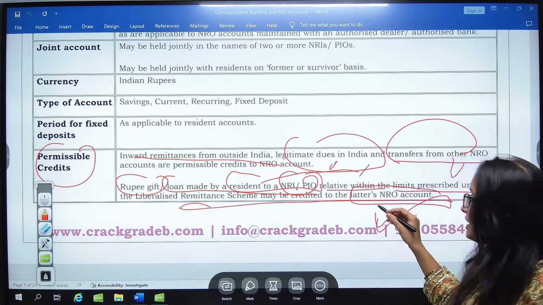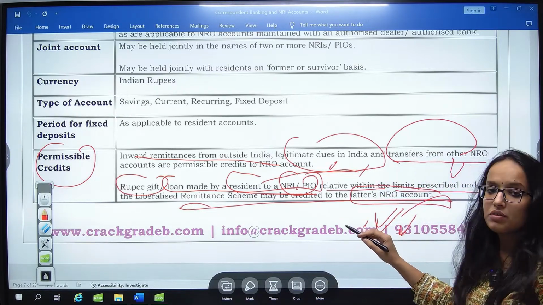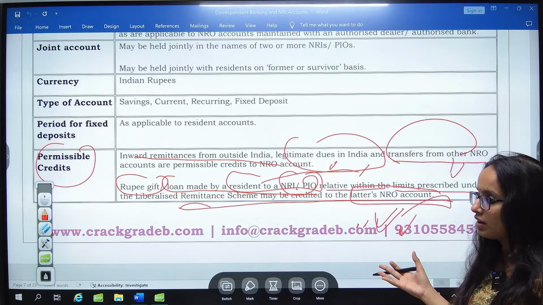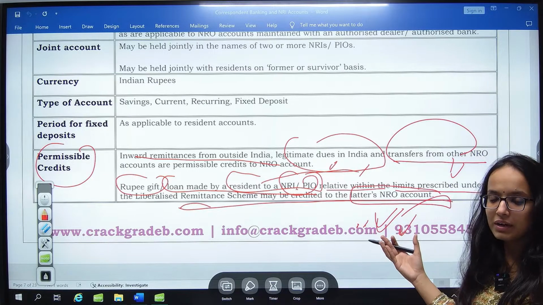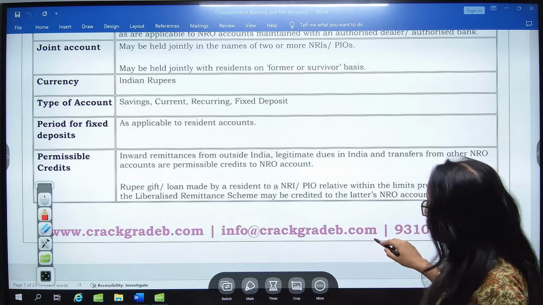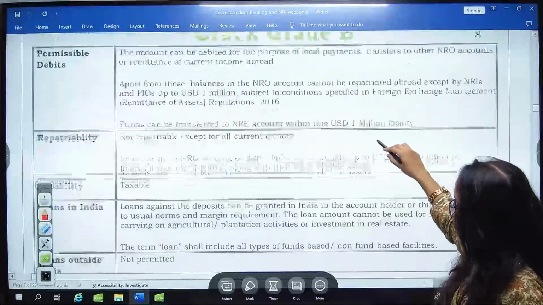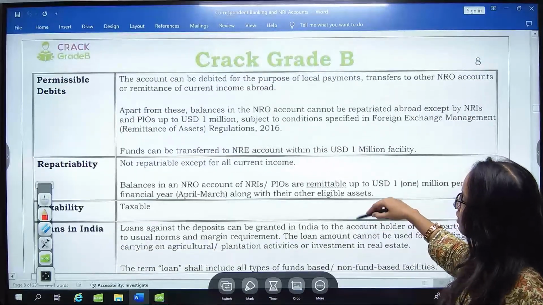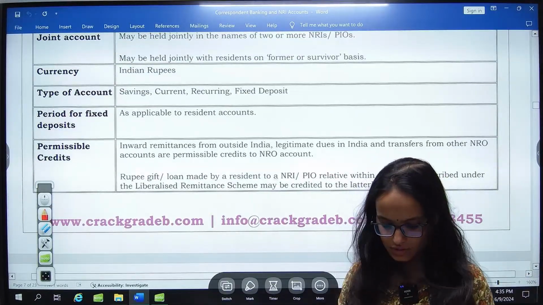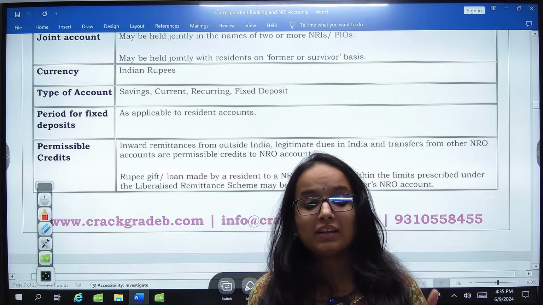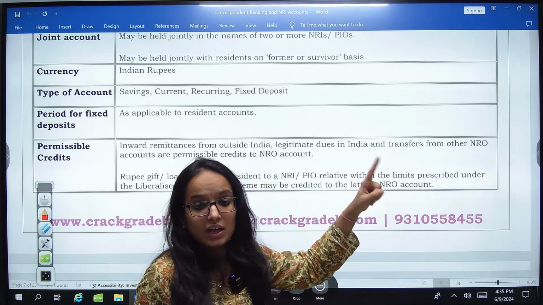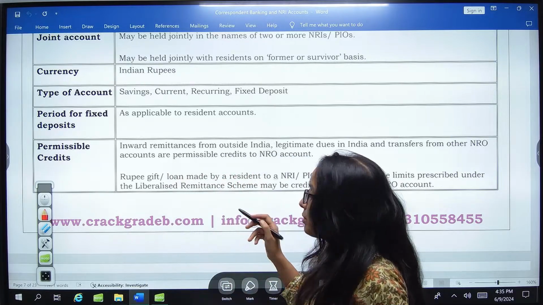Alright, so all these are permissible credits: rupee gift, loan made by an NRI or PIO to your account, inward remittances, all these things. But they will be subject to the limits prescribed under the liberalized remittance scheme.